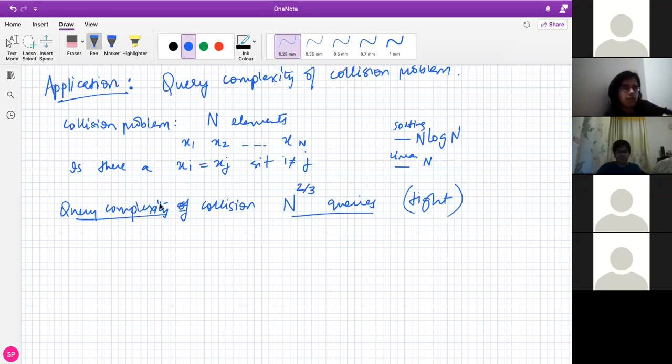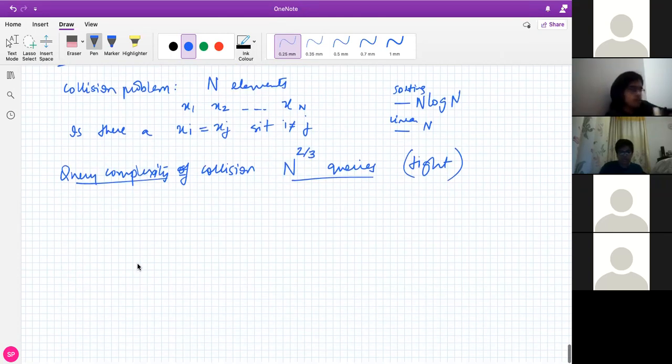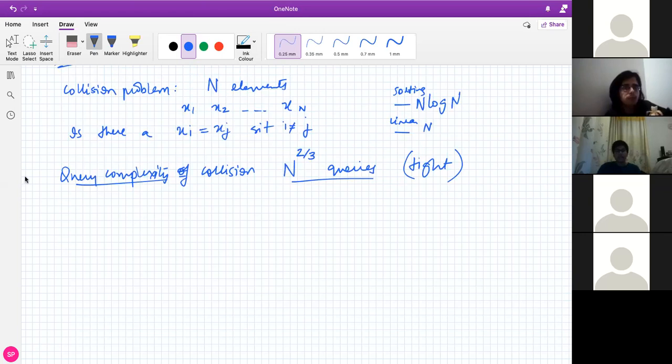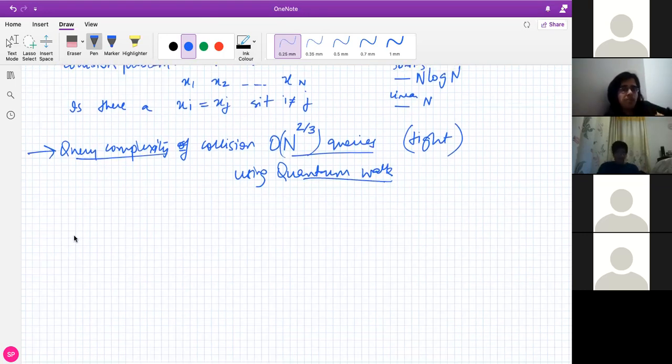Okay. So let's discuss this algorithm. The proof for the query complexity of collision taking this much is using quantum walk. Okay, we'll see.